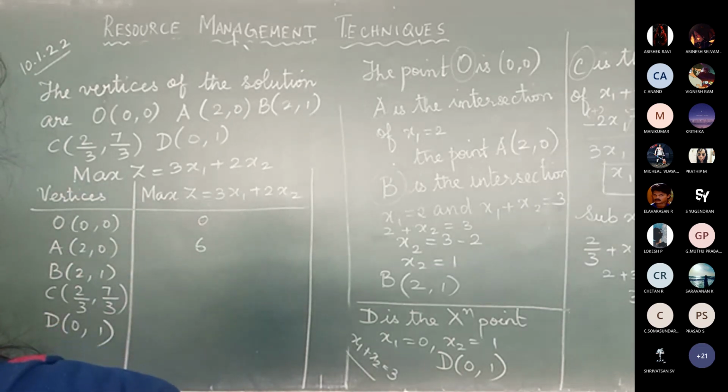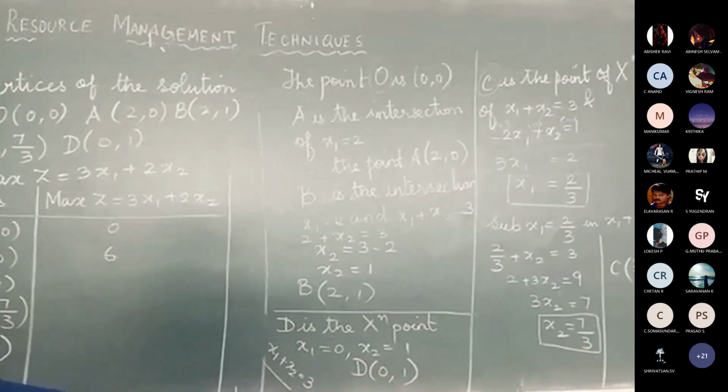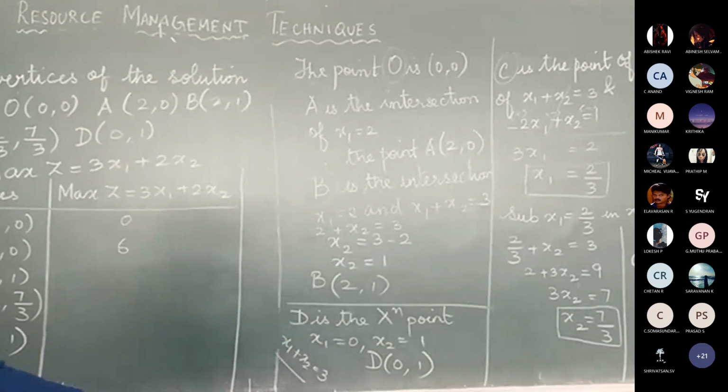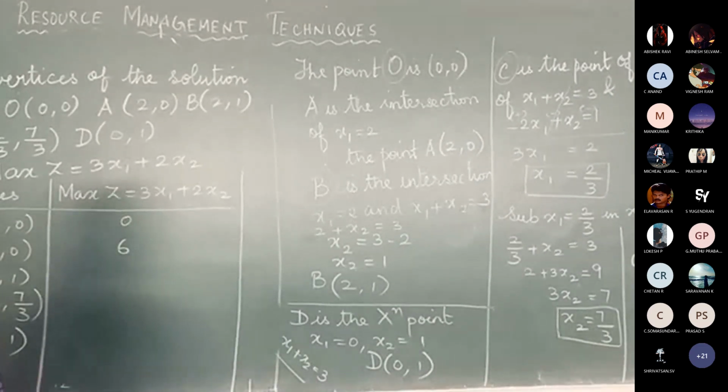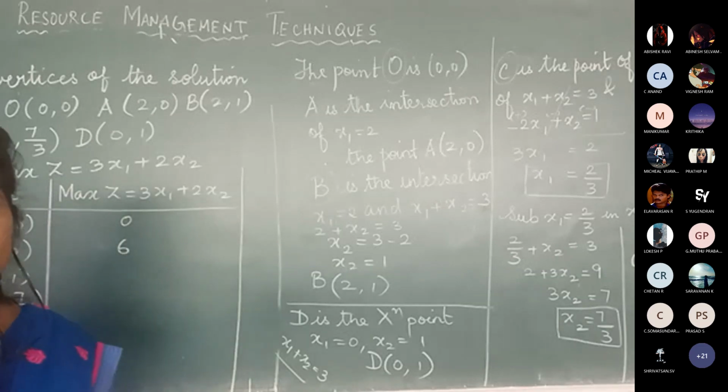Anyone still writing? So when you substitute, what do you get for B? x1 is 2, so 6, plus x2 is 1.